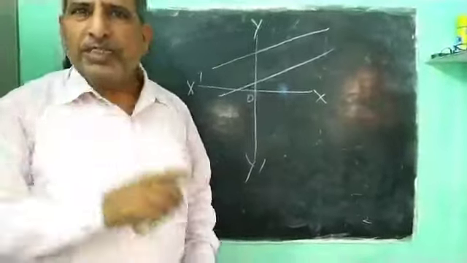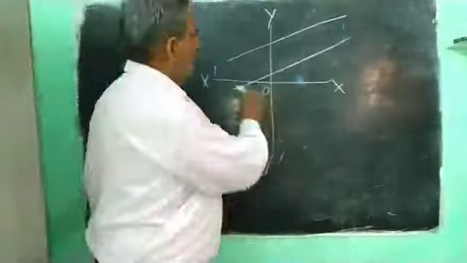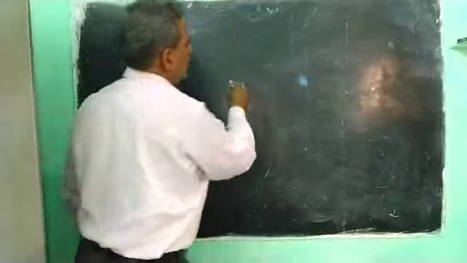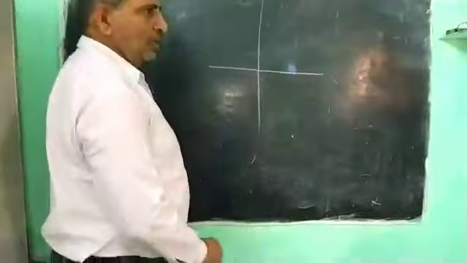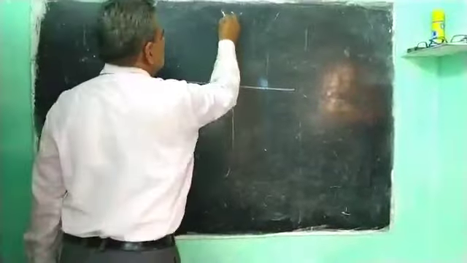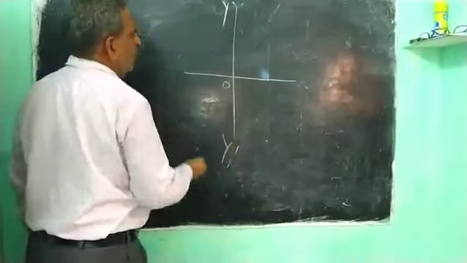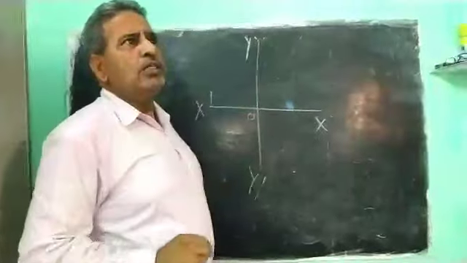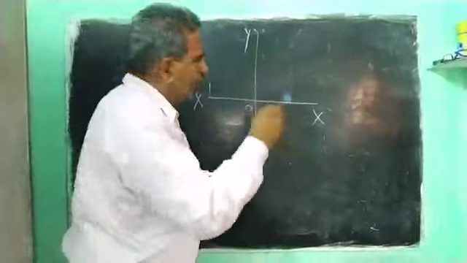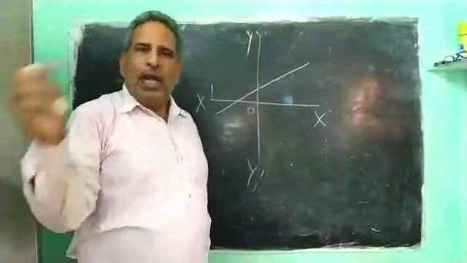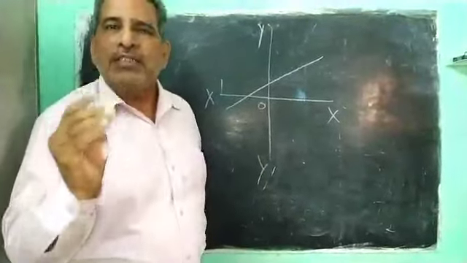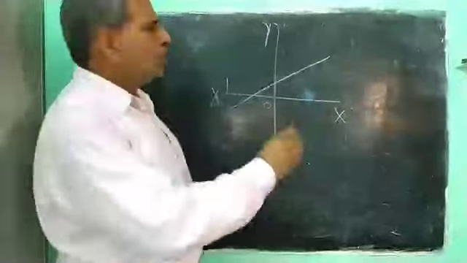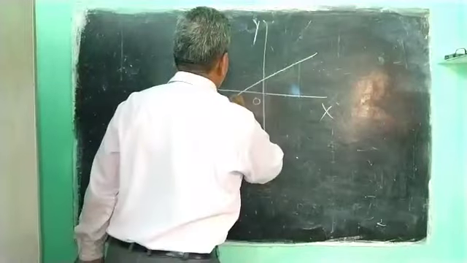Clear? So let us come to the third one. Again this is the graph, again Y, O, Y dash, X dash, O, X. So I have drawn the graph of the first equation. Now I have drawn the graph of the second equation. This also comes as it is.